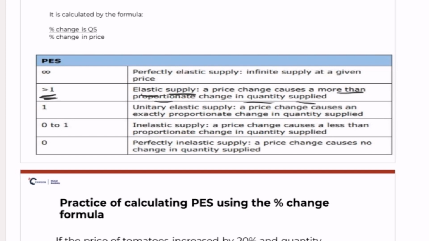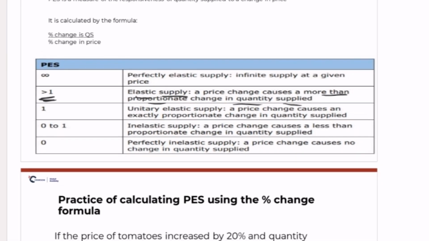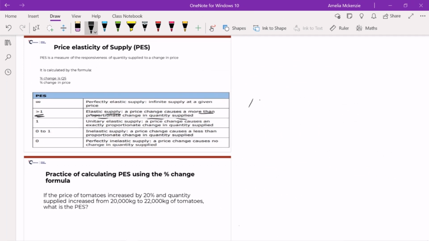Okay, so for example, if the percentage change in quantity supplied increased by 10% from a 2% price change, 10 divided by 2 equals 5. That's a number greater than 1, showing elastic supply.